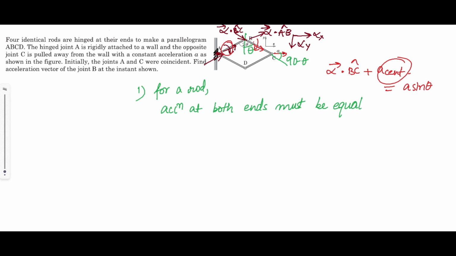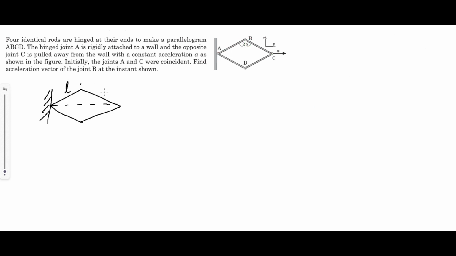Okay, let's look at the solution now. If we assume each side of the parallelogram to be L, we notice that this length is L sine theta, this length is L cos theta, and this length together is 2L sine theta.